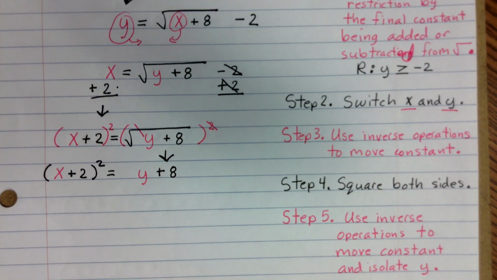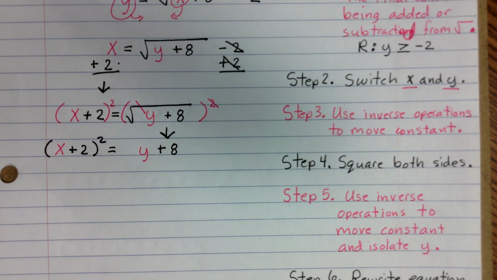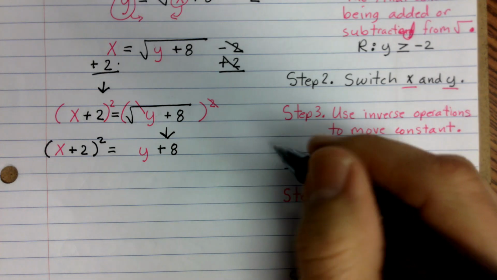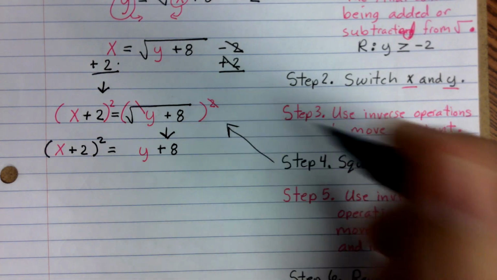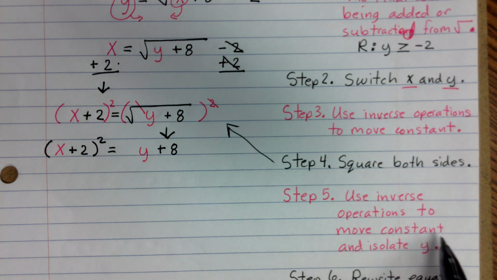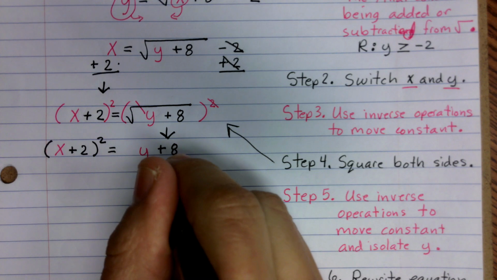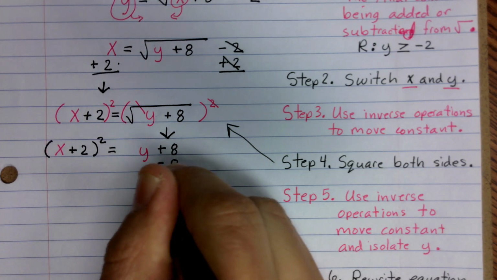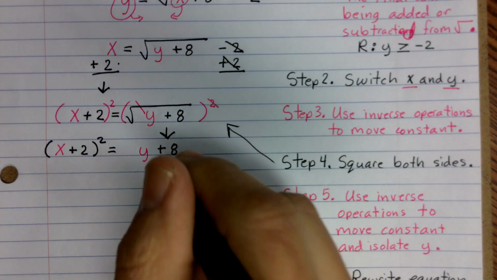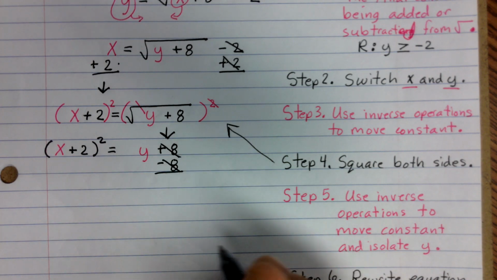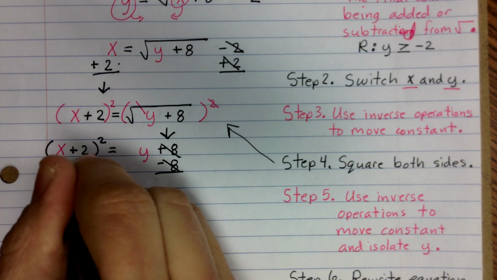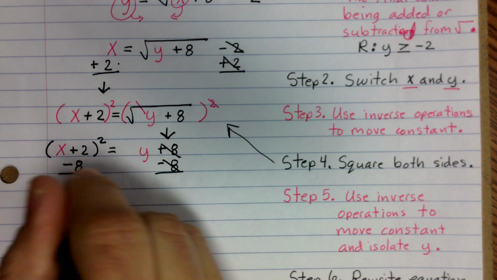Now I'm going to move it up just a little bit. Notice in step 5, because we have officially squared both sides, it says use inverse operations to move constant and isolate y. Okay, so now notice we just have y plus 8. If we want to isolate it, we simply need to subtract this 8 that's being added to it. And that way they cancel out on the right side. But we've got to remember to subtract 8 from the left side of the equation as well.